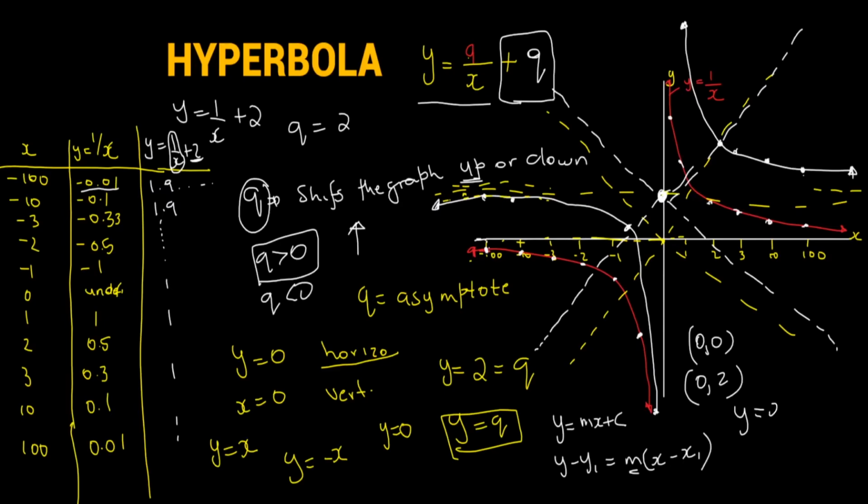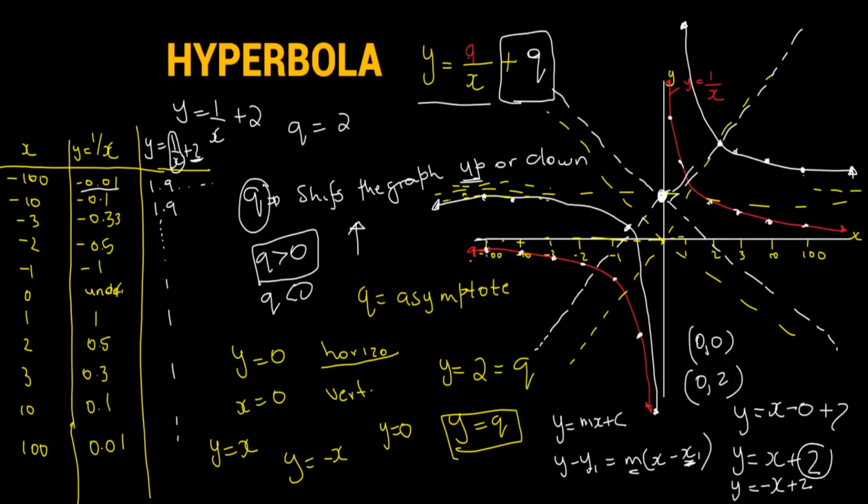So we have x here minus x1, now is still 0. And then we take this one on the other side, it's going to be positive 2. And you can see that y is equal to x plus 2. And for the second equation, you have y equal to minus x plus 2, because the gradient changed.